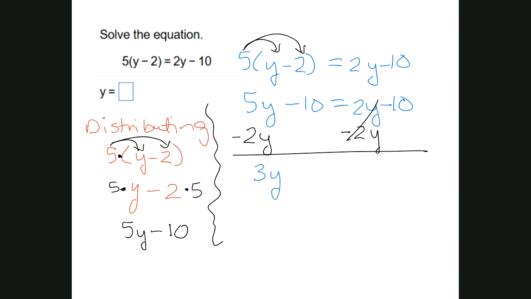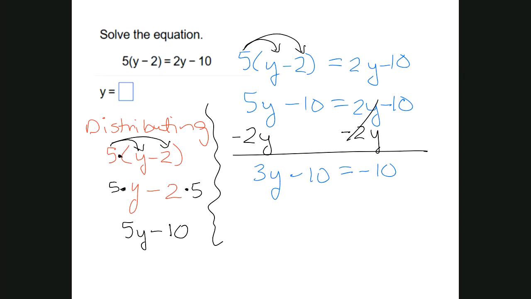So you're basically focusing on the coefficients or the numbers in front. 5 minus 2 gives you 3. Bring down the minus 10 on the left and equal to negative 10 on the right. You have your variable term on the left. Now it's time to move the constant term over to the right side.